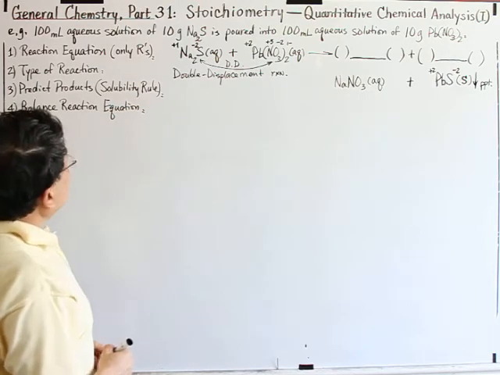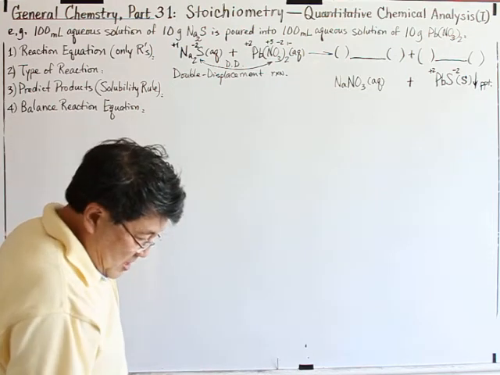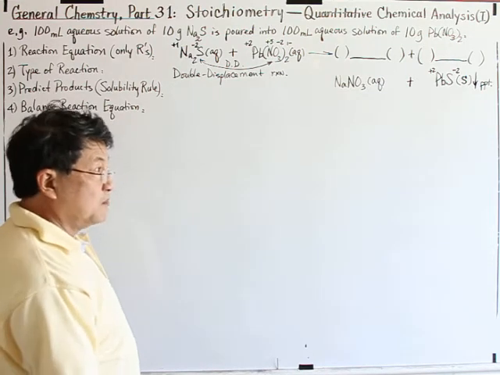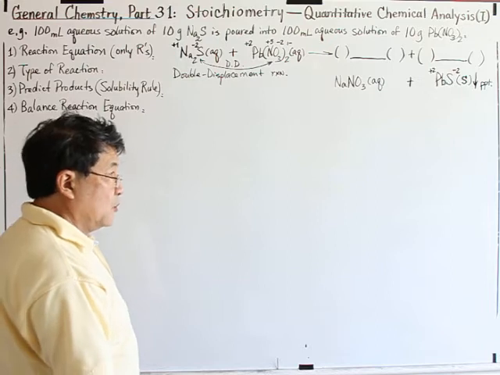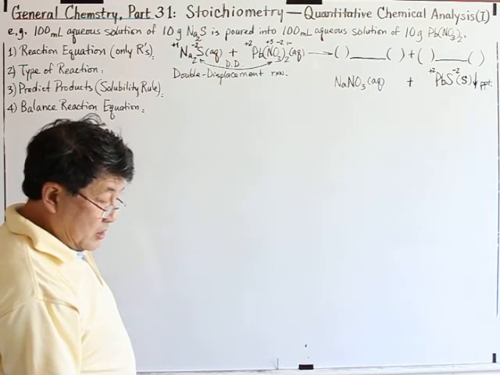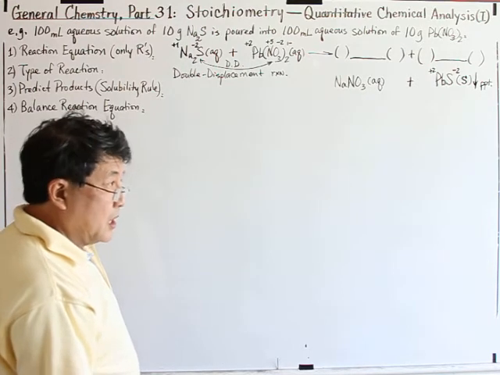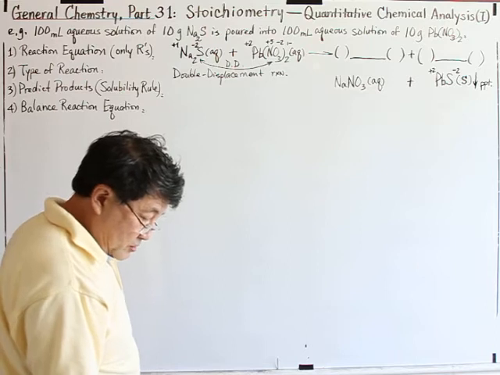In this case, let's check the metals, because we do have 2 different metals. One is sodium, an alkali metal. One is lead, a toxic metal. We all know lead is toxic, right? That's why people avoid using leaded gasoline now. It used to be leaded.